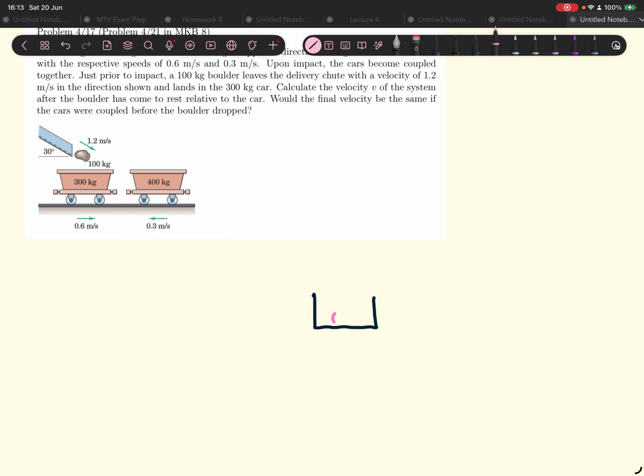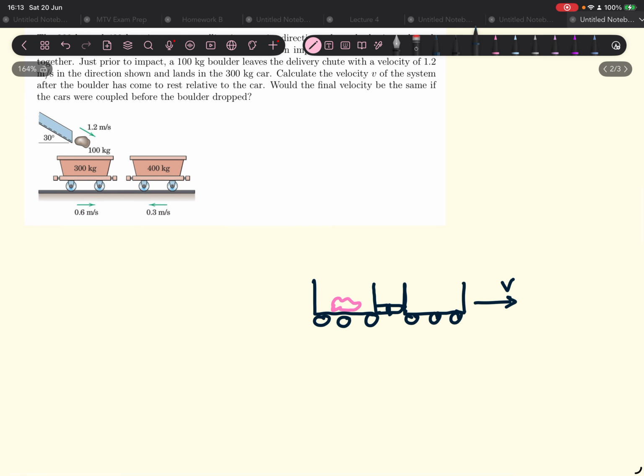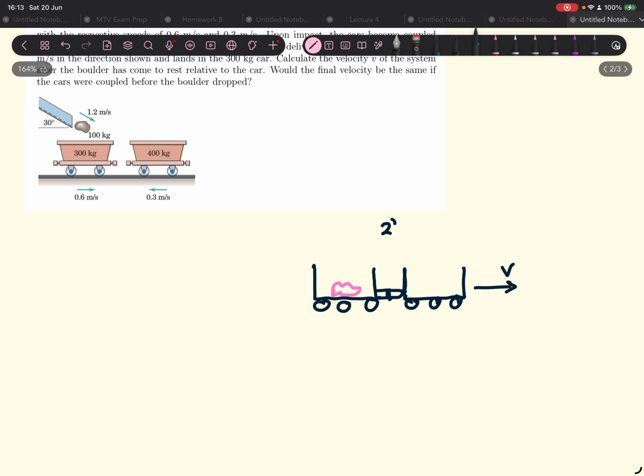Let me draw it like this. So we have the rock, we have the cart, and then we have the other cart. Right, and everything is moving together at a speed v, right?